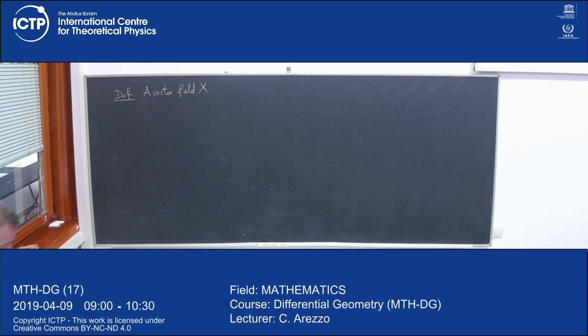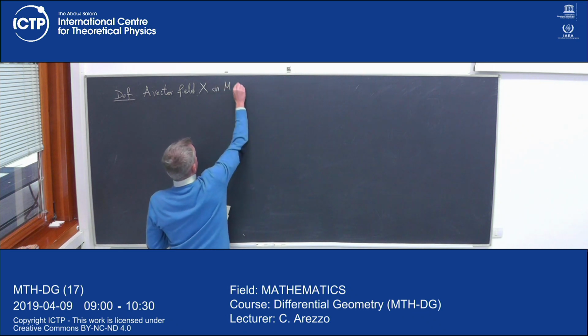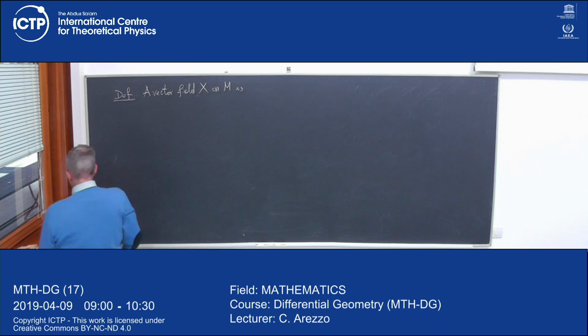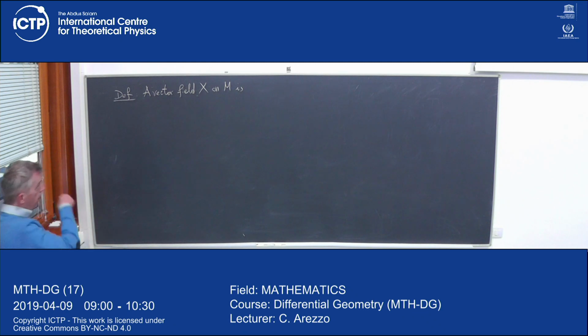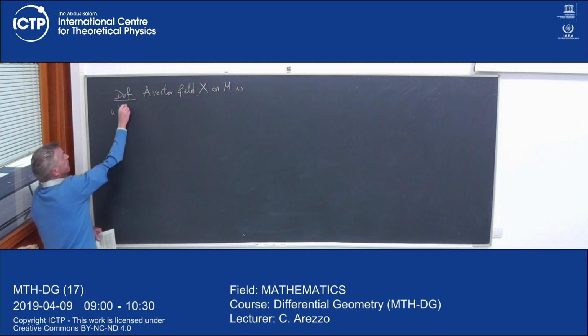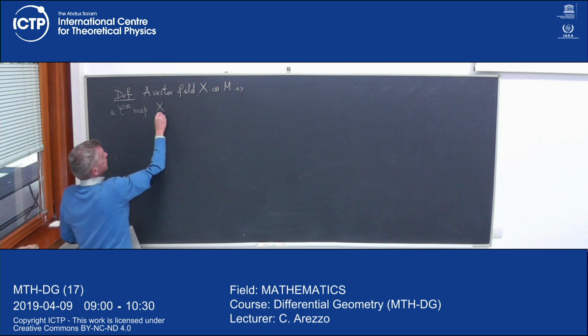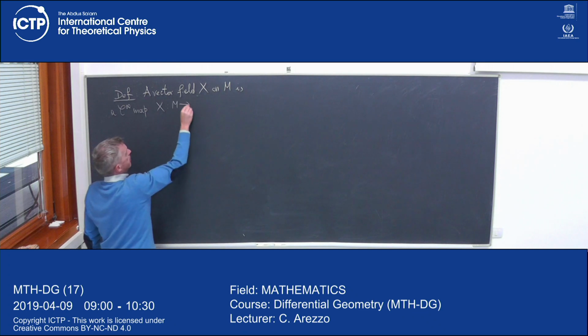A vector field on M is, in one line, a smooth map X from M to TM.